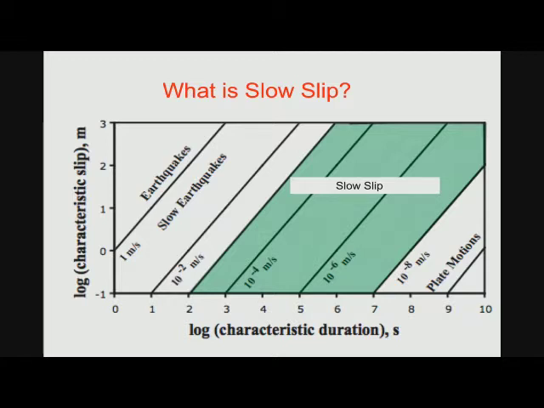Plate rate is about 8 to 9 orders of magnitude less, at centimeters a year, and slow slip is in this range. It's a huge range of many orders of magnitude, but too slow to radiate seismic energy, yet faster, and usually happening in one period of time, not continuous, but more episodic.